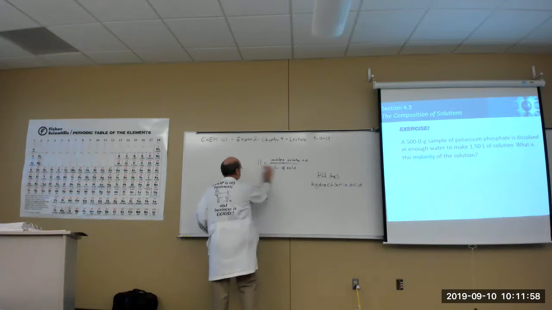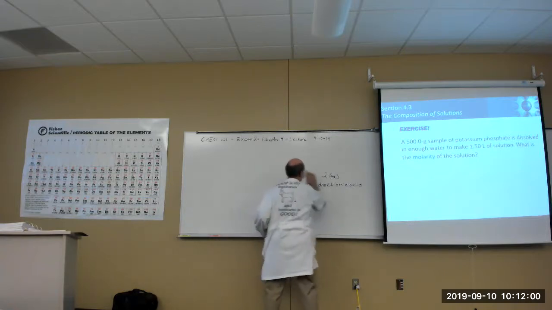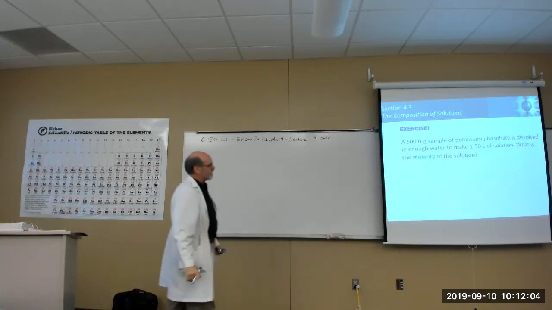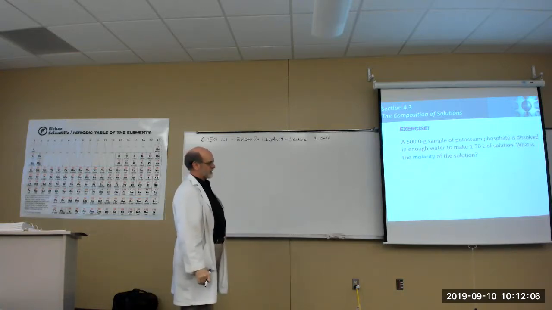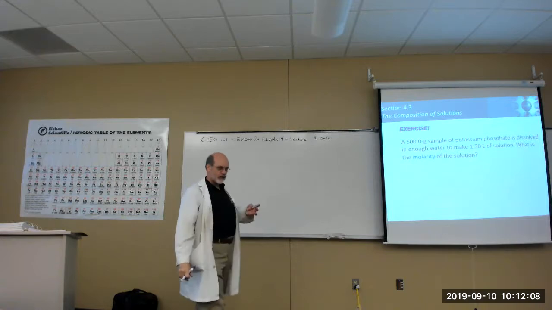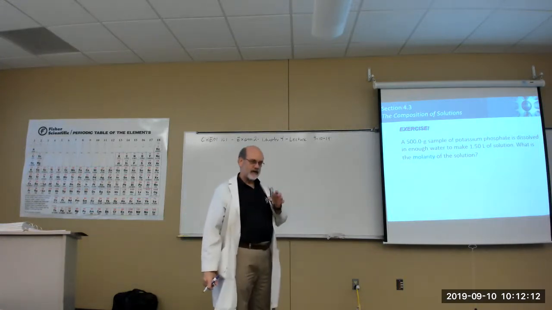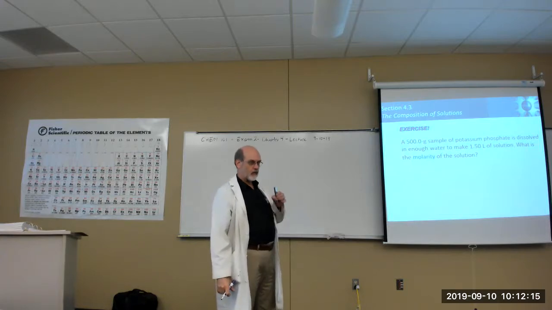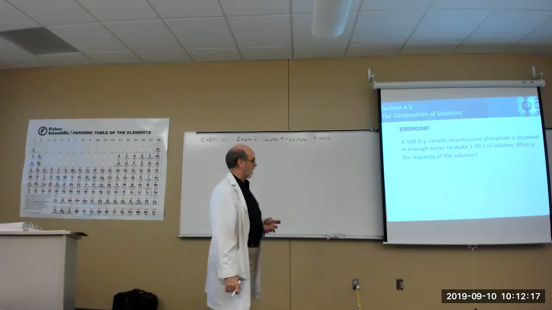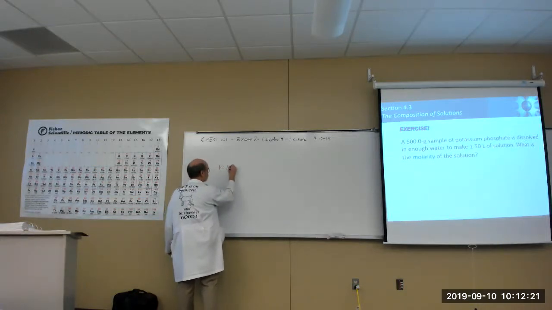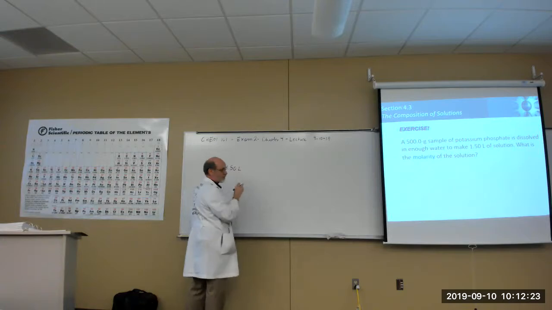Let's take another example. Suppose we have a 500-gram sample of potassium phosphate. That's our solute, and we dissolve it in water, and the final volume is 1.50 liters. Okay, so we know the volume, 1.50 liters, final volume.